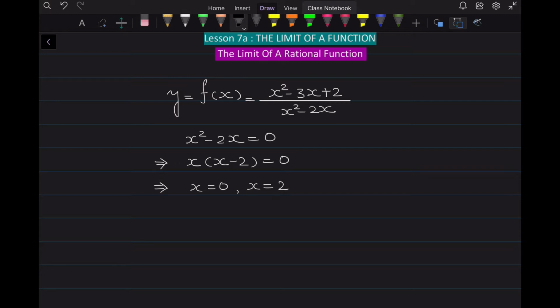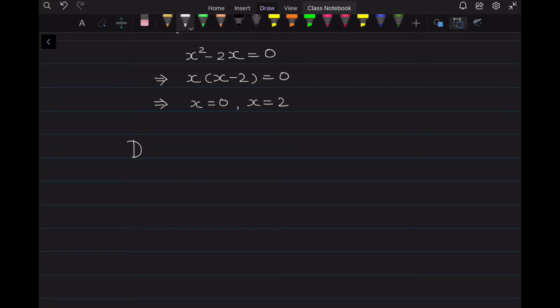Now, as we had discussed the meaning of the domain of a function in lesson number 1 and lesson number 3, without going into much detail, I'm going to write down the domain of this function. So the domain of this rational function is the collection of all those values of x for which the denominator of this rational function, that is x squared minus 2x, is not equal to 0.